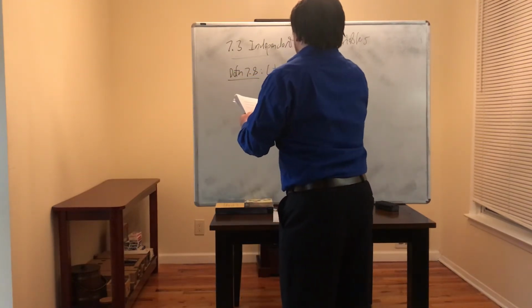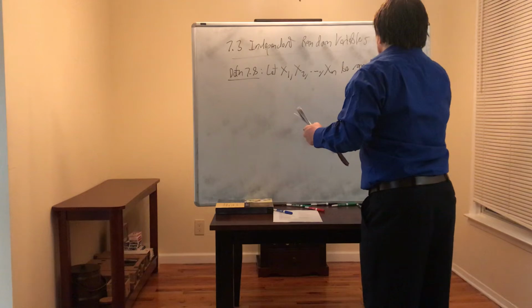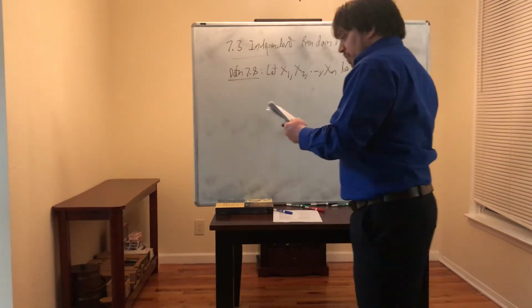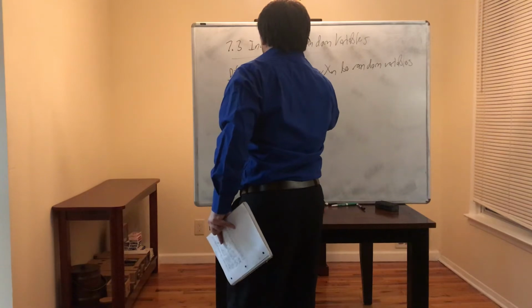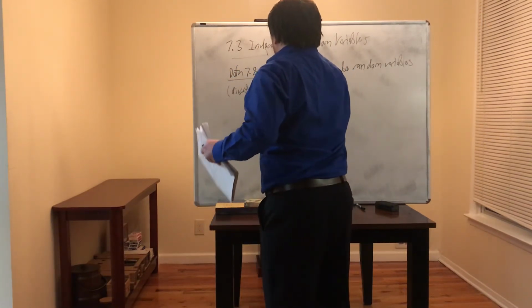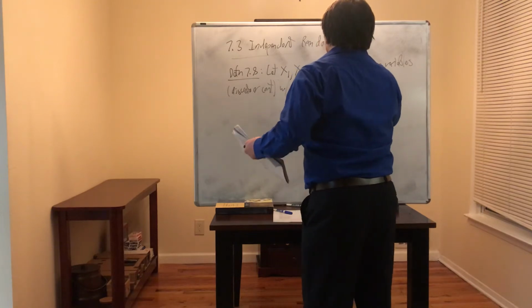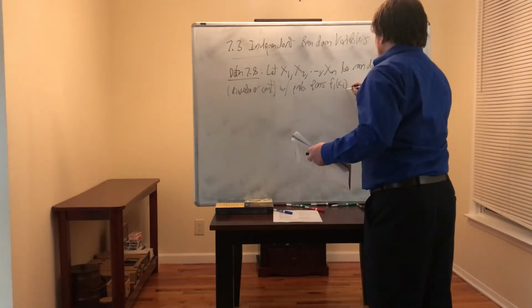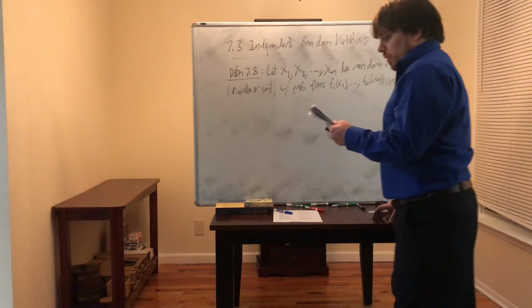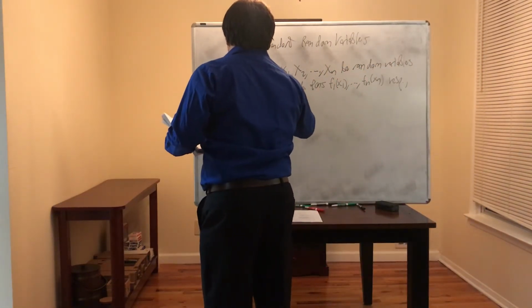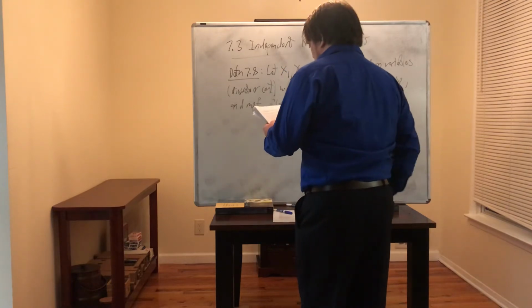Let X1, X2 to Xn be random variables, discrete or continuous, with probability functions f sub 1 of x1 dot dot dot f sub n of xn respectively, and multivariate probability function MPF f of x1 comma x2 comma dot dot dot comma xn.